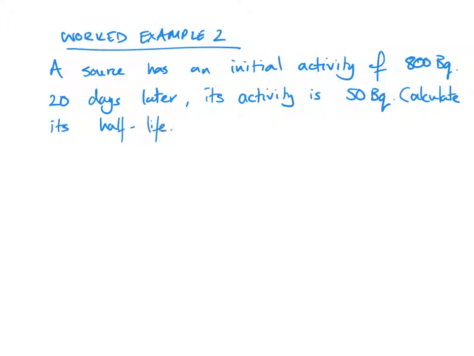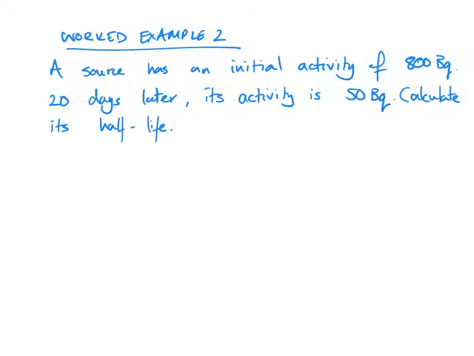Calculate its half-life. So it's similar in structure to the previous question, but in the previous one you were given the half-life and asked to work out the final activity. In this one you're given the two values of activity and asked to work out the half-life.